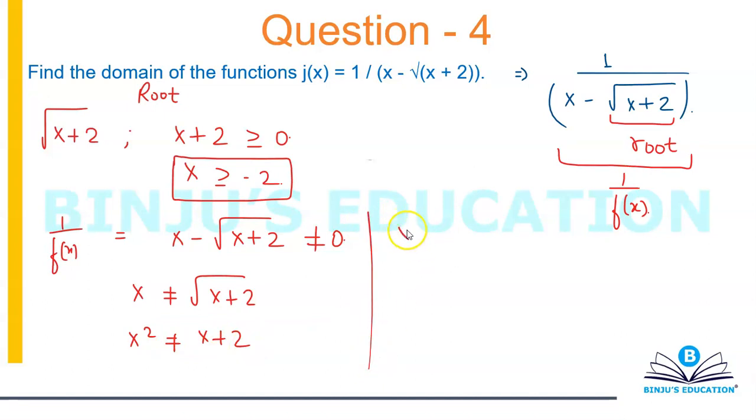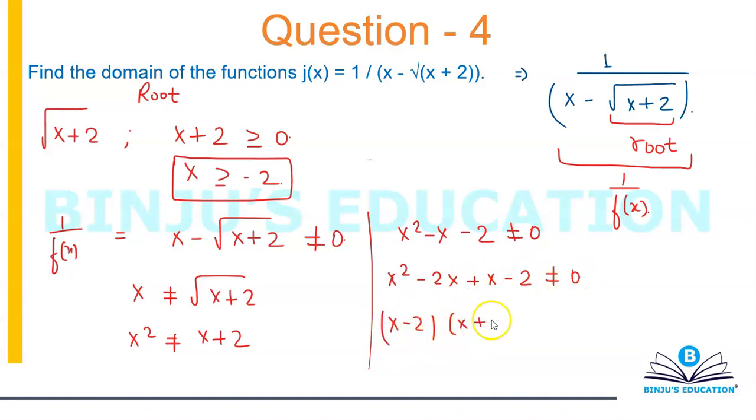Solving further, x square minus x minus 2 should not be equal to 0. So x square minus 2x plus x minus 2 should not be equal to 0. So this is (x minus 2)(x plus 1) should not be equal to 0, which means x should not be equal to 2 and x should not be equal to negative 1.